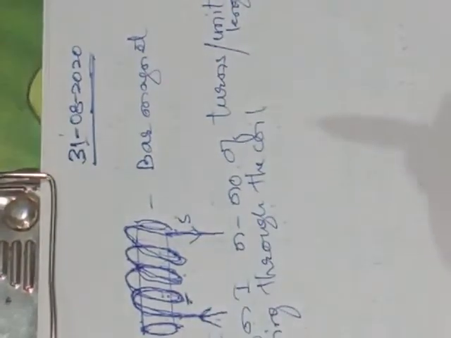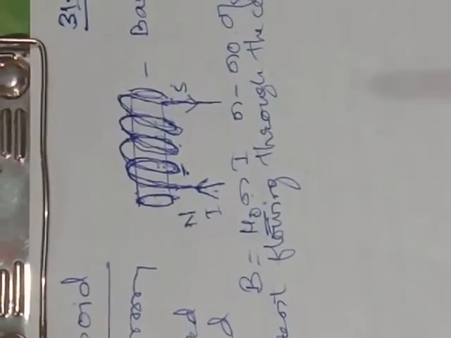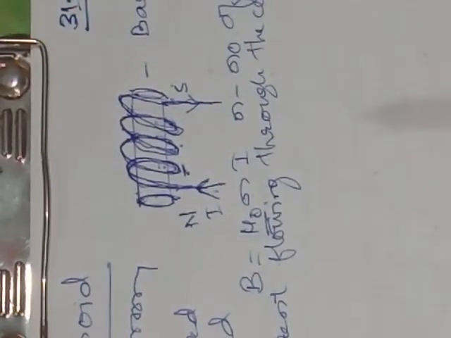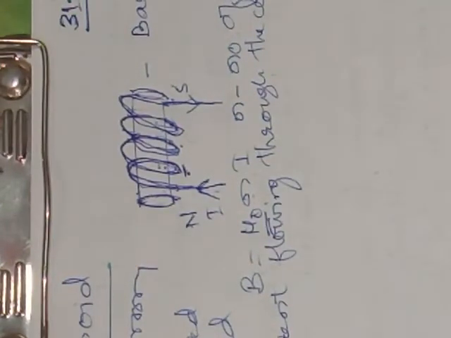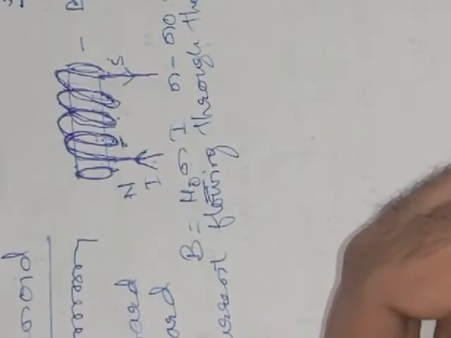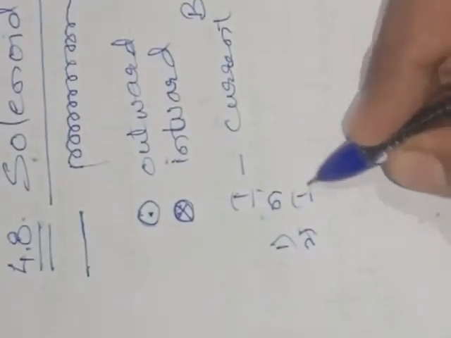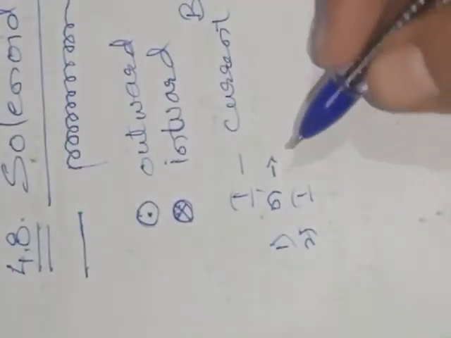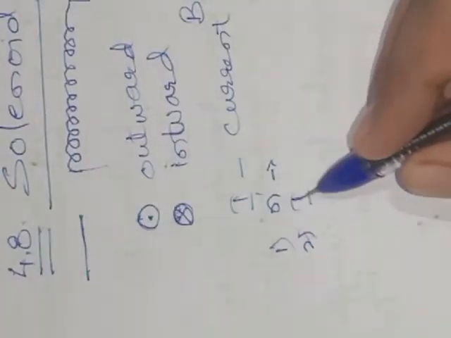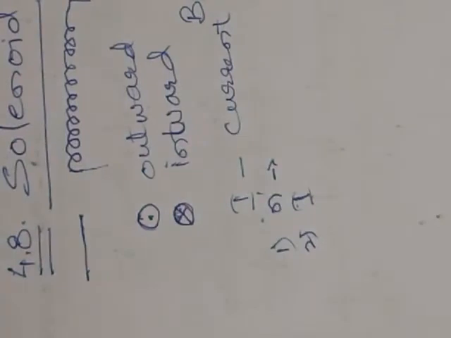So here, in case of a solenoid, we have to understand that the magnetic field which is generated in a solenoid depends upon two things. First, it depends upon N, and second, it depends upon I. N indicates the number of turns per unit length of the coil, and I indicates the current flowing through the coil.